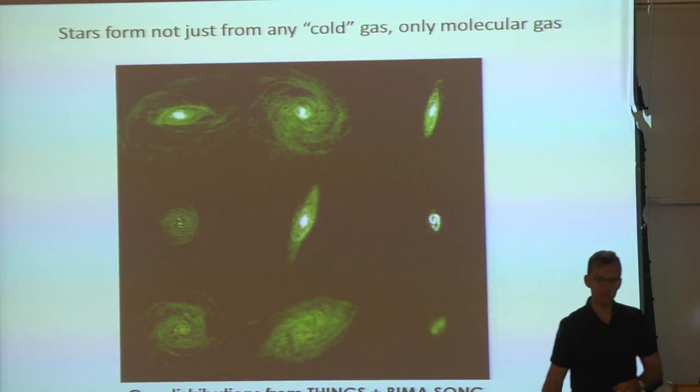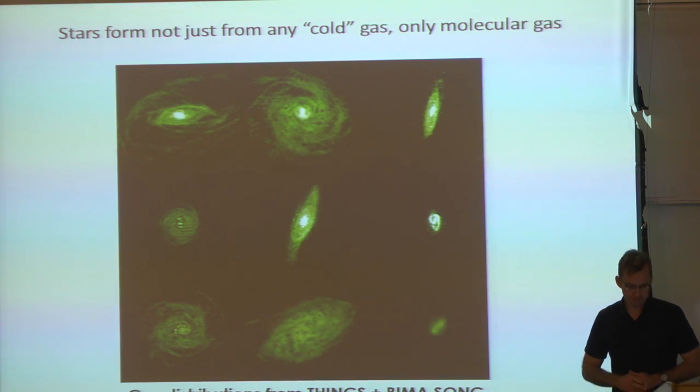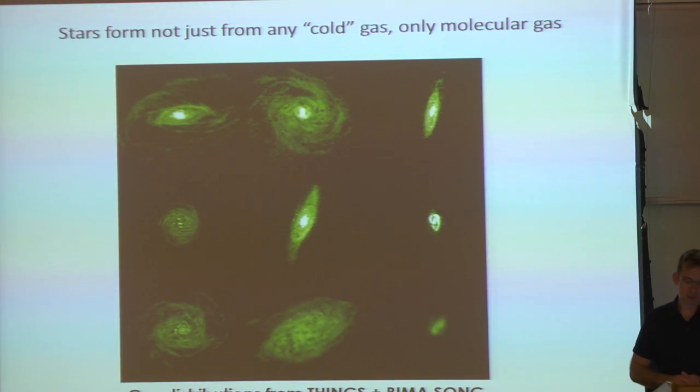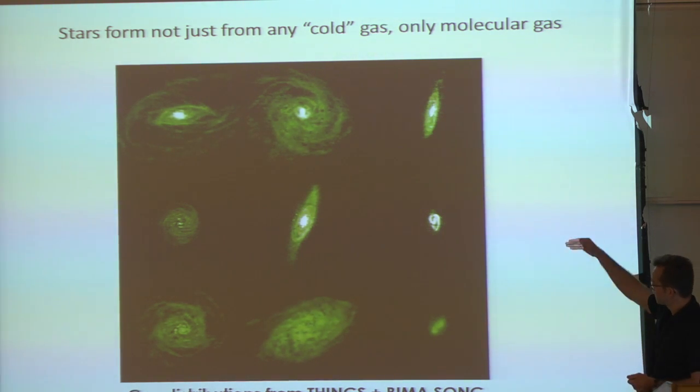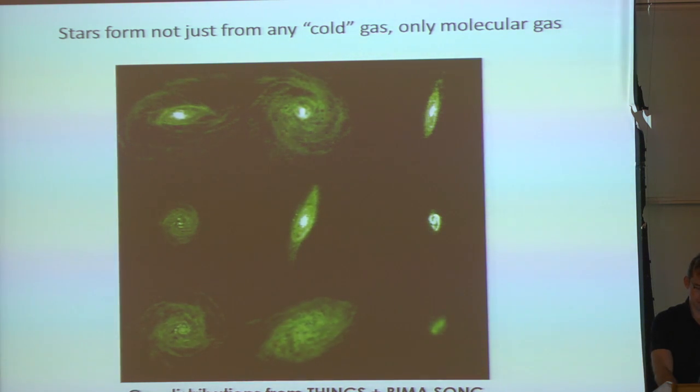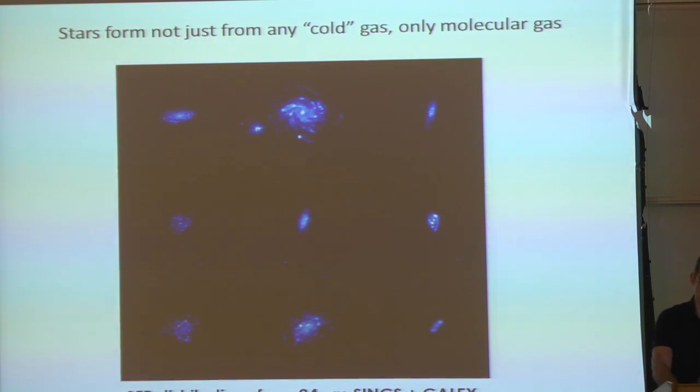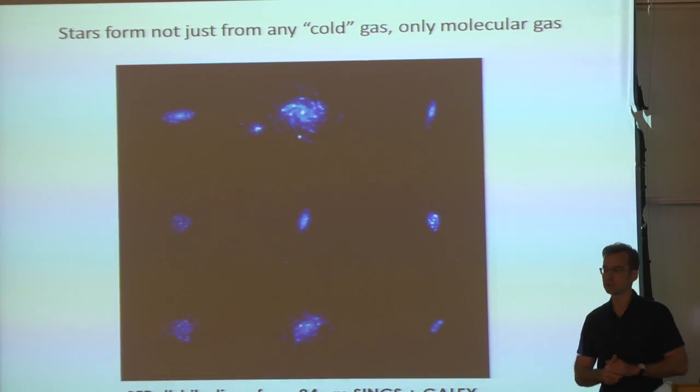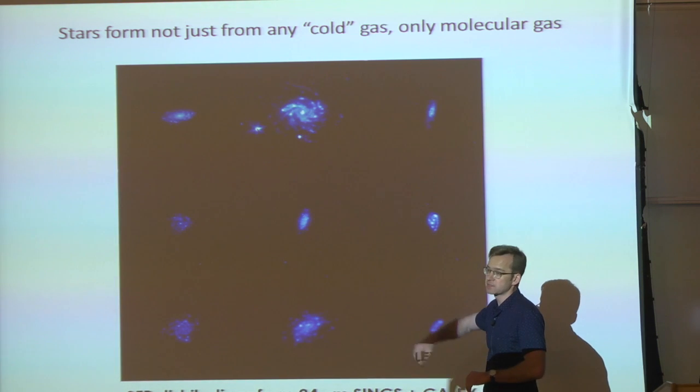We can see it in this beautiful example of nearby galaxies that shows the total amount of cold gas in this mosaic of 9 different galaxies in green color. And then it would merge into the distribution of star formation rate, essentially regions in those galaxies that are forming stars.